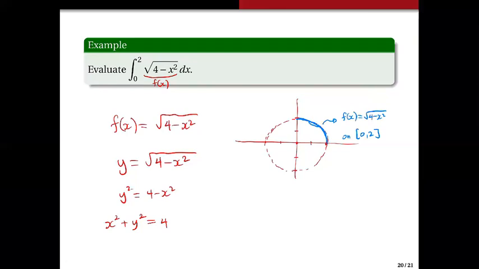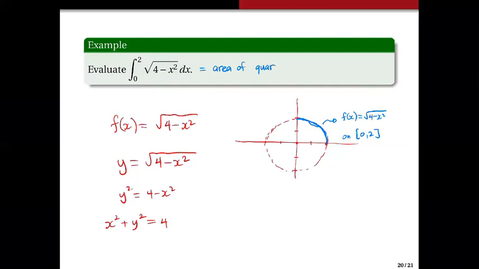Okay, so far? Now, your function is positive on this interval. So this definite integral here is simply the area of the semicircle, actually the quarter circle.